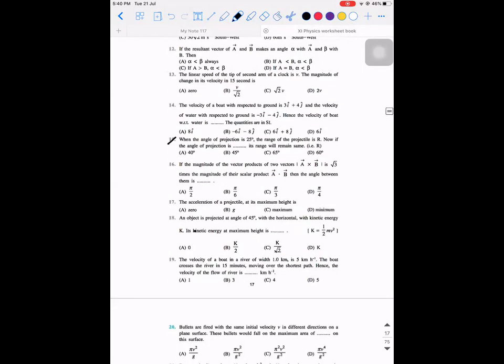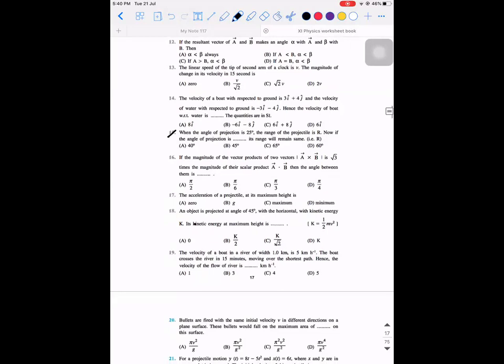15th one. All these are projectile motion based problems. So 15th one, what is it? When the angle of projection is 25 degrees, the range of the projectile is capital R. Now what should be the angle of projection for its range to remain the same? I already told this point to you. The range will be same if the angles are complementary.